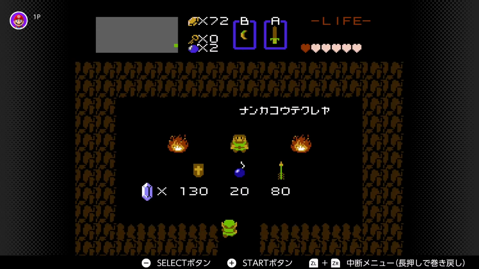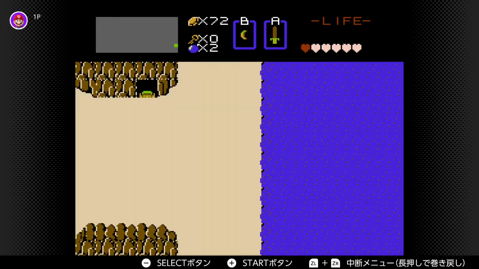Again, a merchant. Make me the favor of buying something. But we can't. I'd rather keep my money for these arrows. Let's see if we can get enough and then we'll be back here.